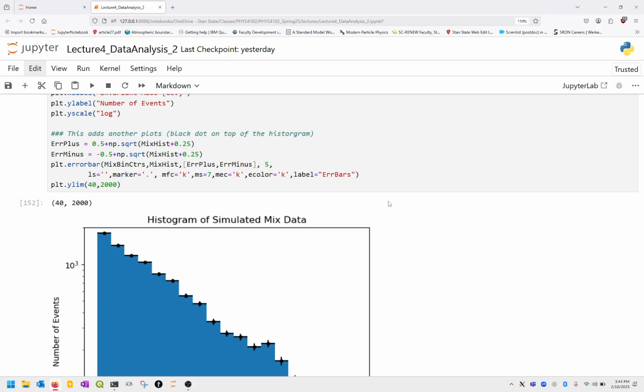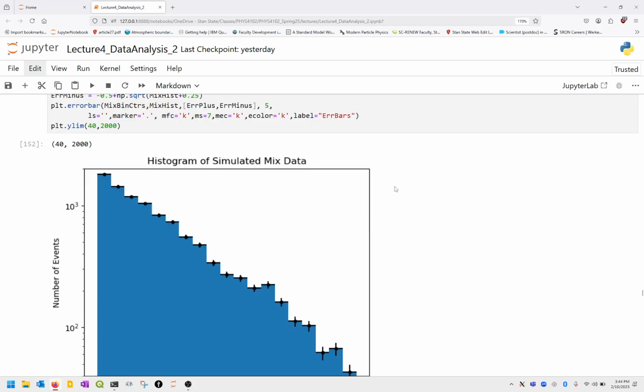This next argument, 5, tells you how far to go left or right, basically how wide these bins are divided by 2. Each of the bins is 10 in width, so 5 times 2 gives you the 10. That tells you how wide the bars are.